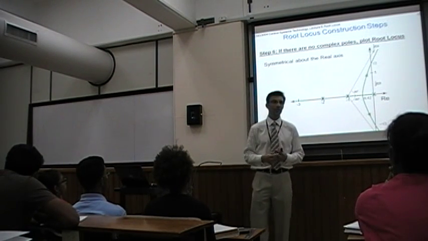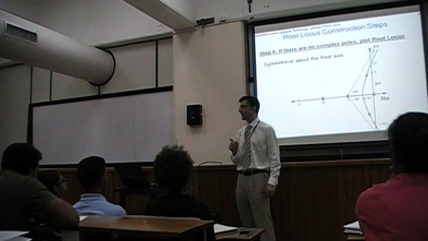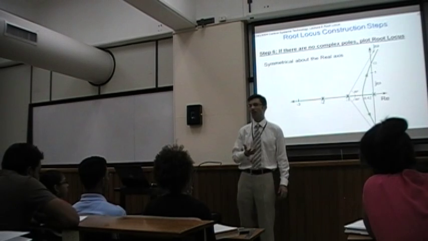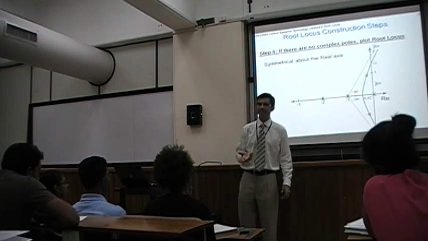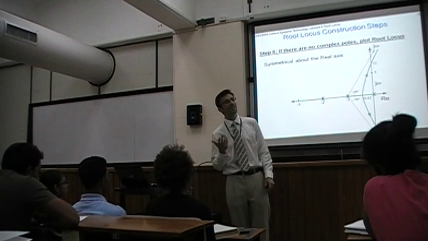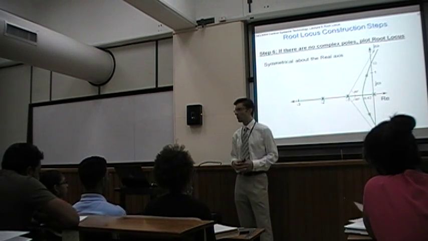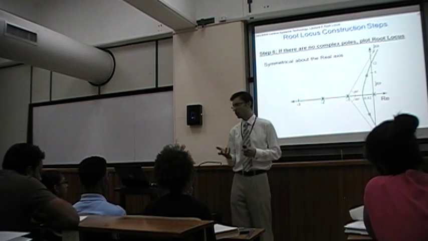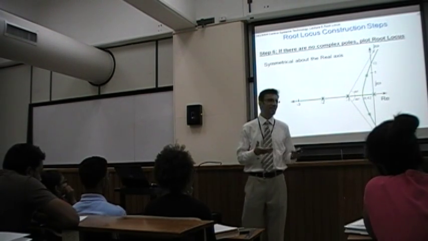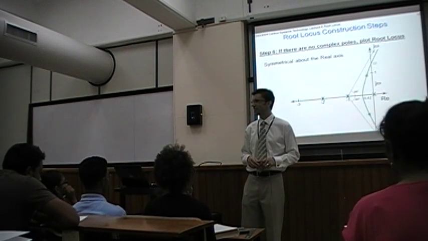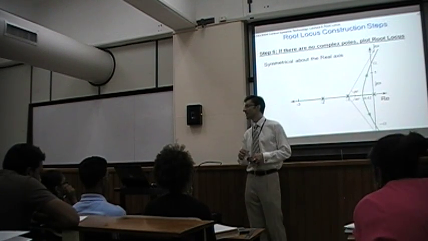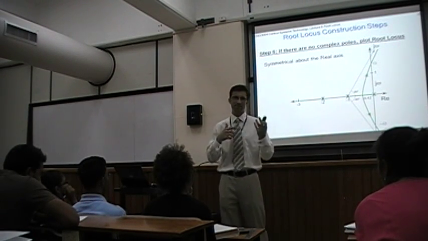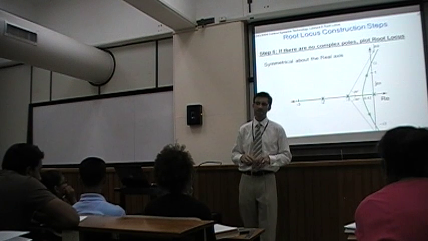So then we can differentiate the equation, get an expression for dk by ds, set it to 0, and solve the resulting polynomial. Hopefully, it's a quadratic, easy to solve. It might be a higher order polynomial, which is a bit more tricky to solve. So generally, for the purposes of doing these by hand, I try to make sure your polynomial is a quadratic when you differentiate your characteristic equation. Okay, you're still with me, tracking how we're putting this together.